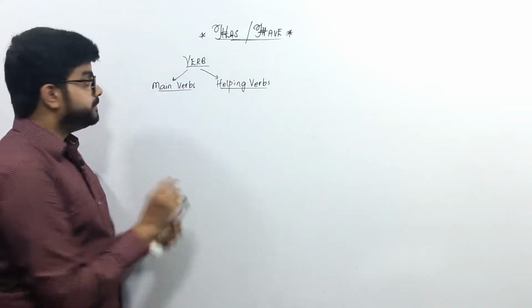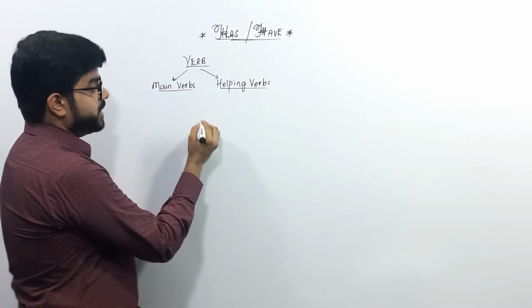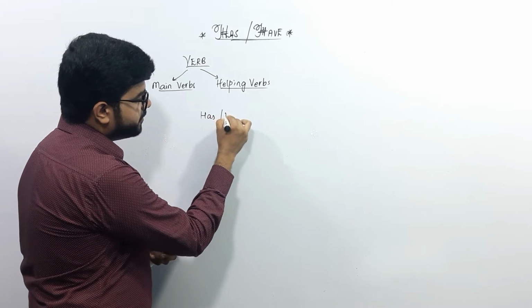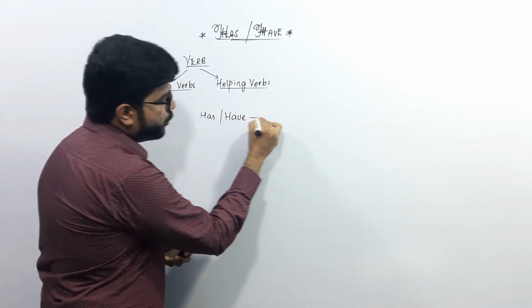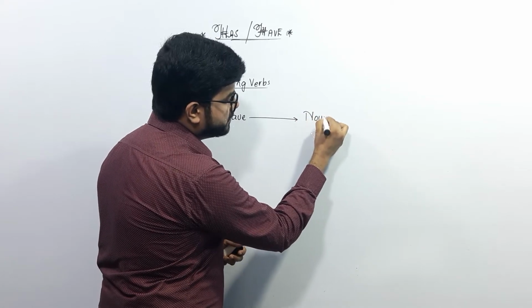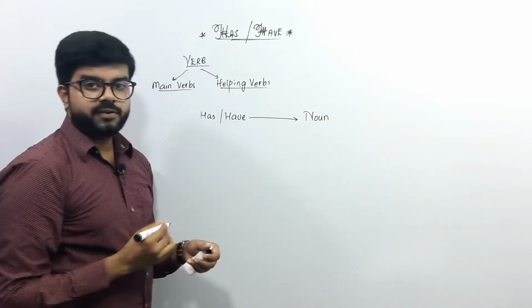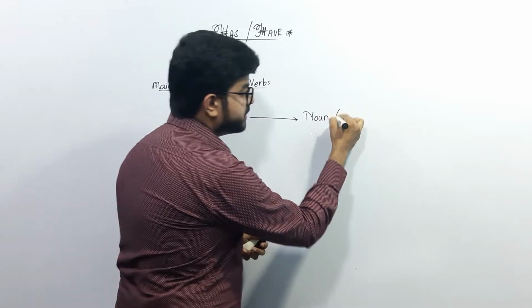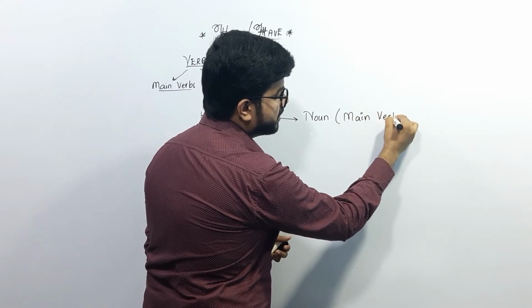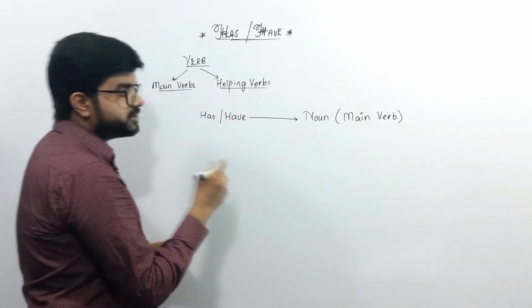So let's get started. First, as a main verb, let me tell you something that has and have. Whenever they have a noun after them, right? So they are main verbs. I give you examples, right?